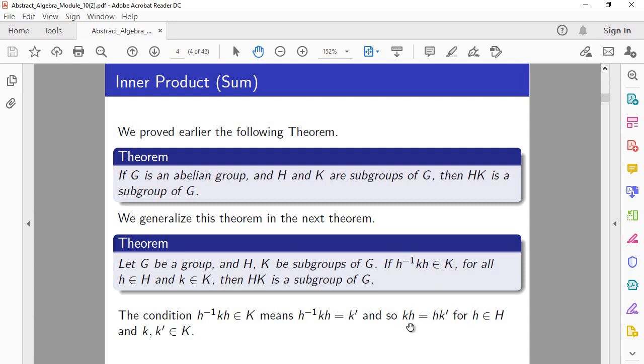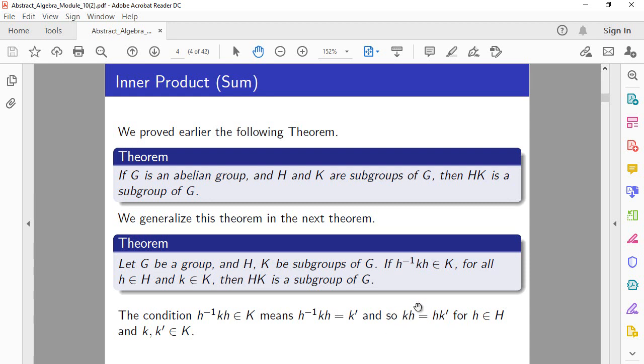That is, I am bringing H on the left of K, and we can do that as long as we are okay with having another element K prime of K, not necessarily the same K.